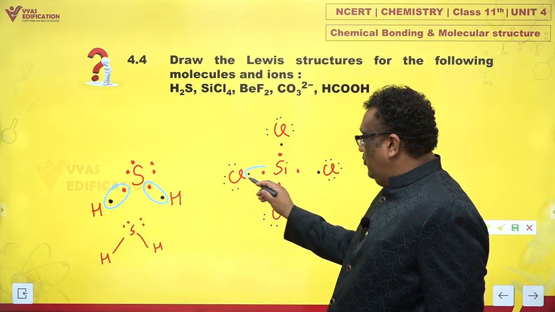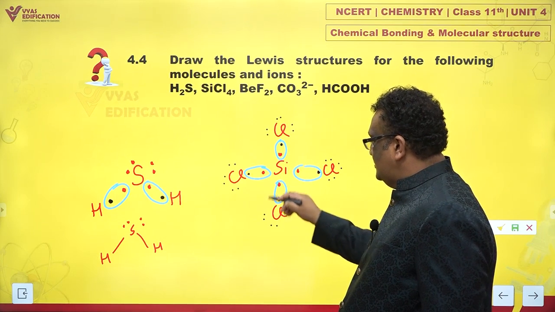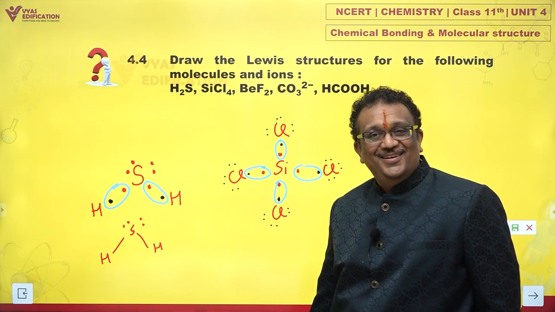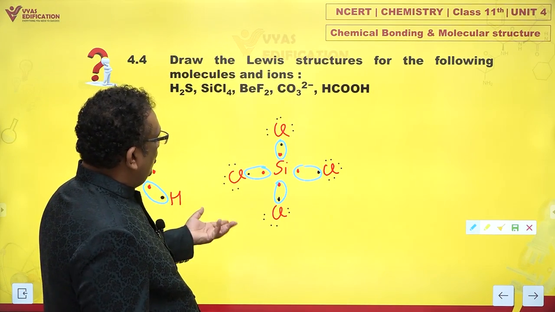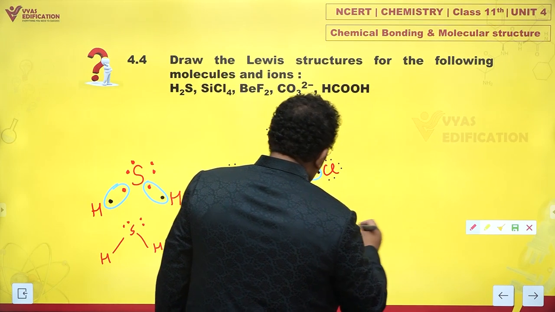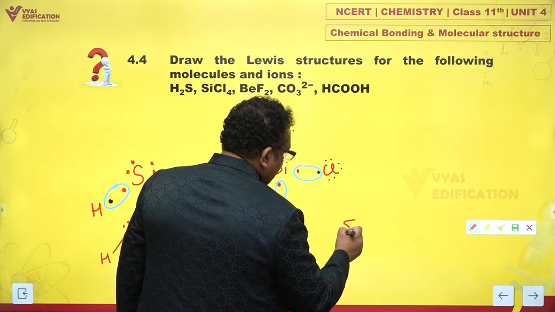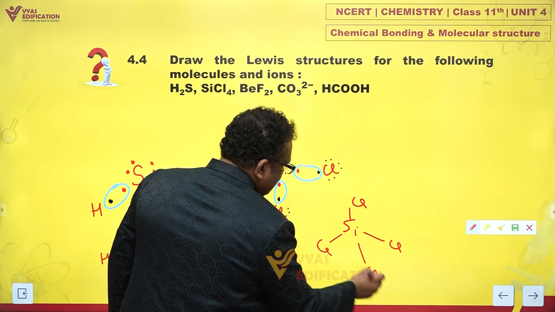So if you want to draw bonds, you have 4 bonds. And how do we write down SiCl4? This could be one way to write down SiCl4. Otherwise, you could write it as Si, Cl, Cl, Cl and Cl.